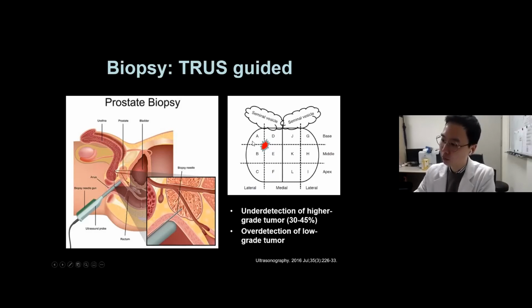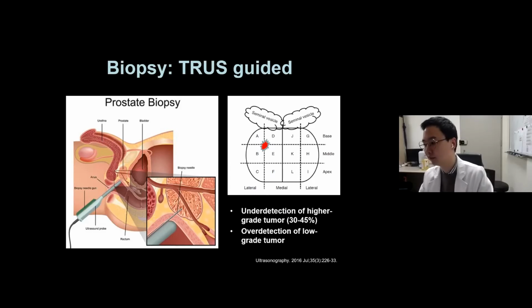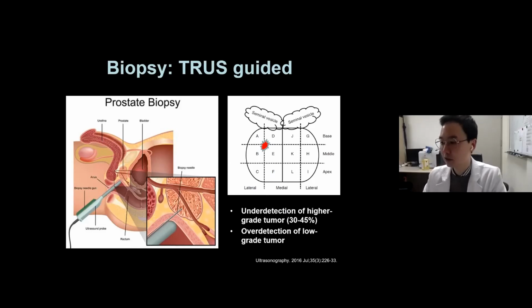Because you do the biopsy for every one of these 12 cores, if there is a benign lesion or a low-grade tumor, it will be diagnosed. Although there is evidence that active surveillance is better for low-grade tumors, because you have already confirmed a tumor, there might be overtreatment given to the patient.